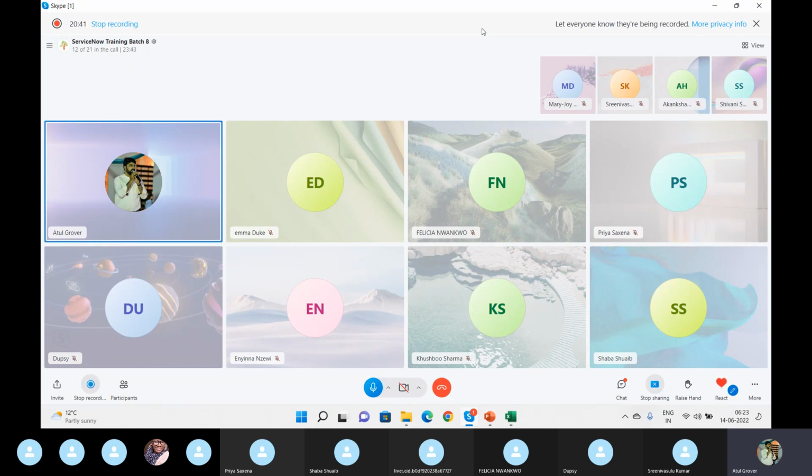Good. Now, what do you mean by the word requirement here? MJ, what do you mean by the word requirement? Yes, MJ, unmute yourself and go ahead. What is the meaning of the requirement? Okay. Shivani, what do you mean by the word requirement?